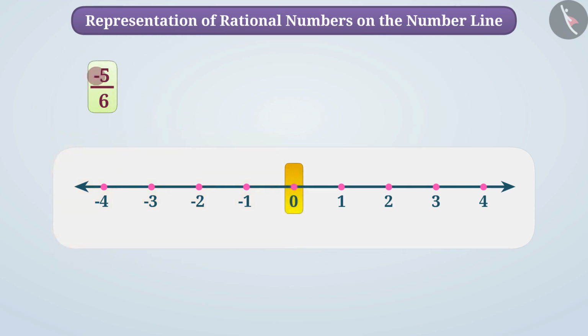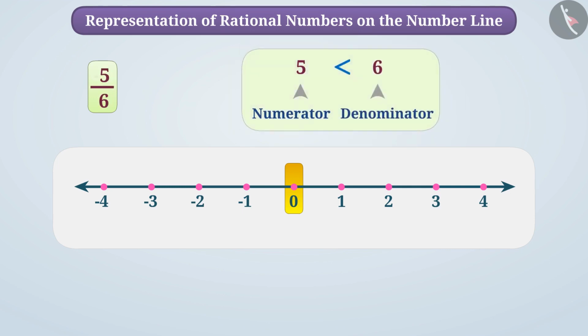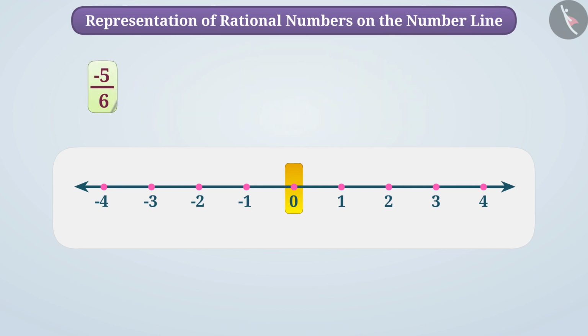Let's ignore the minus sign for a while. Now, we see that the numerator 5 in 5 by 6 is smaller than 6. From this, it is known that 5 by 6 is smaller than 1, that is, less than a unit. This tells us that the place of minus 5 by 6 is between 0 and minus 1. To find the exact location of minus 5 by 6, we will divide the distance between 0 and minus 1 into 6 equal parts.